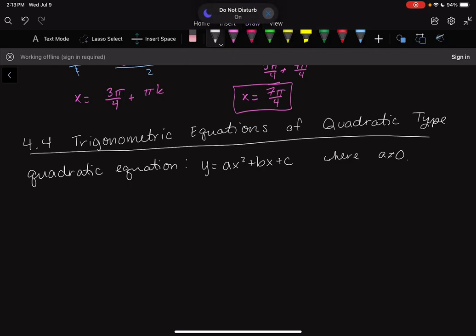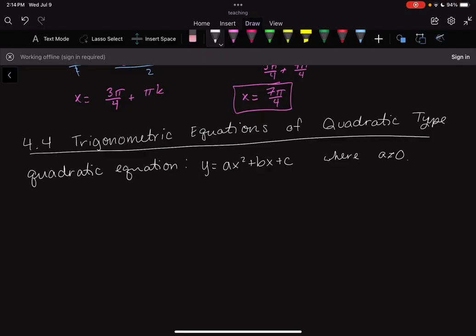So with this section, what we're going to have to do a lot of the time is factor or something along those lines, basically solve a quadratic before we actually do the trig part of the equation or of the solving.